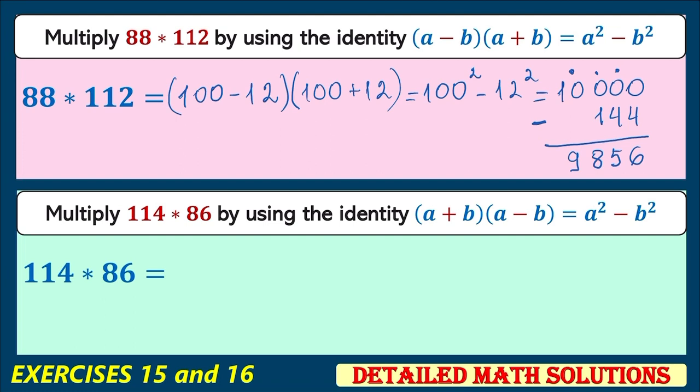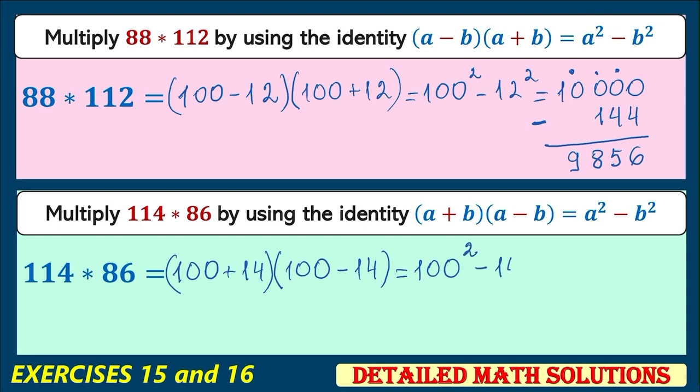Lastly, I'm going to multiply 114 and 86. Again, when I use the identity, this equals (100 plus 14) multiplied by (100 minus 14), which equals 100 squared minus 14 squared, which equals 10,000 minus 196.